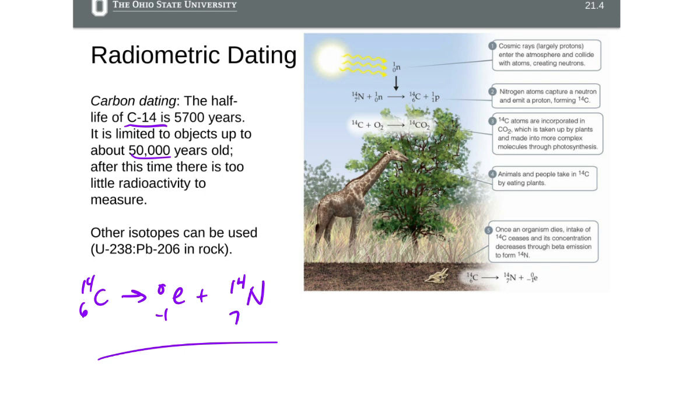Yes, so there are other ways of dating materials, such as using uranium-238 or lead-206 in rock. It's just the same process. We're able to detect these heavy isotopes, carbon-14 isotope, whatever it might be, using a mass spectrometer.